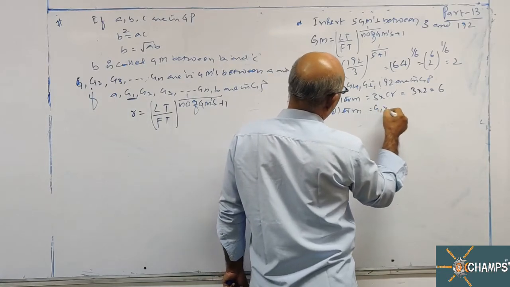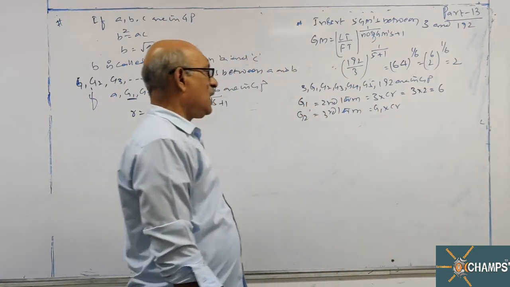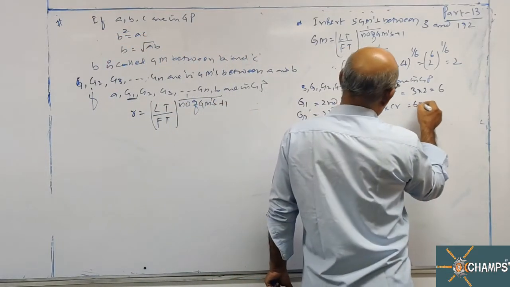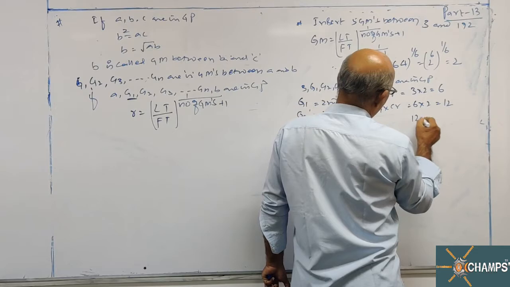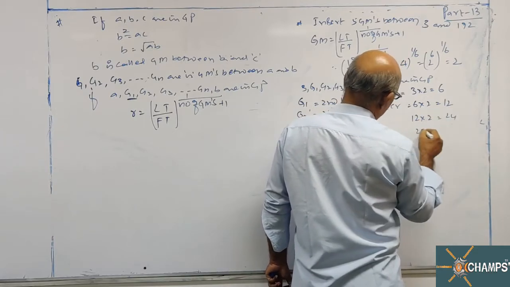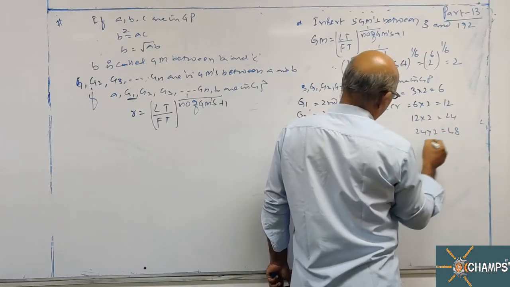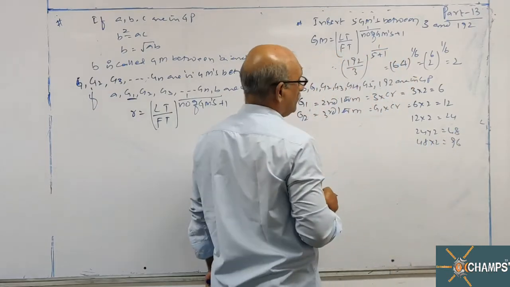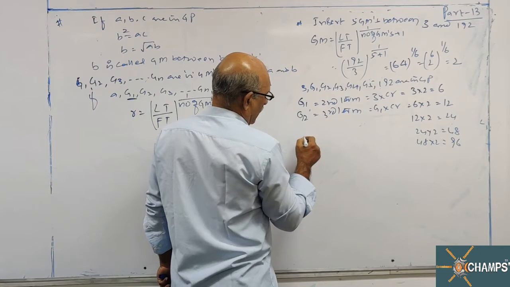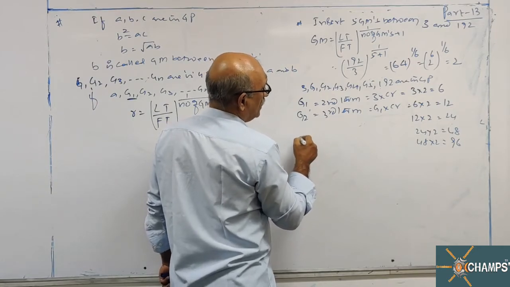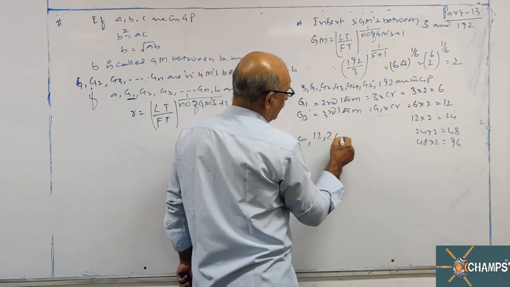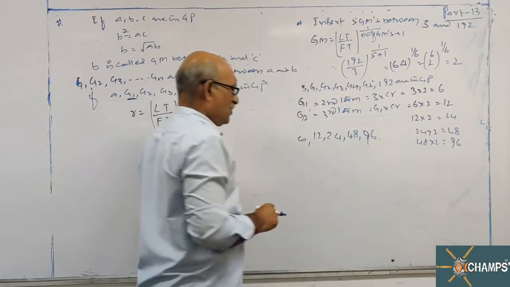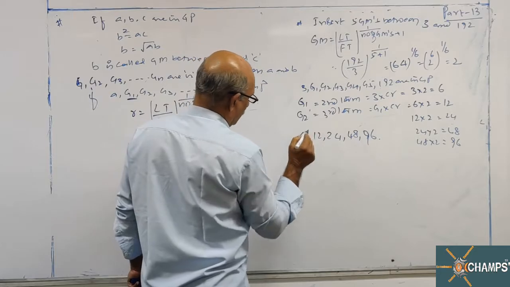This is G1 into common ratio. 6 into 2, 12. 12 into 2, 24. 24 into 2, 48. 48 into 2, 96. Therefore the 5 GMs are 6 comma 12 comma 24 comma 48 comma 96. These are the 5 geometric means.